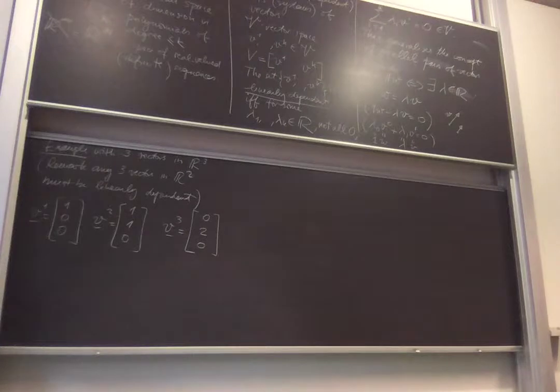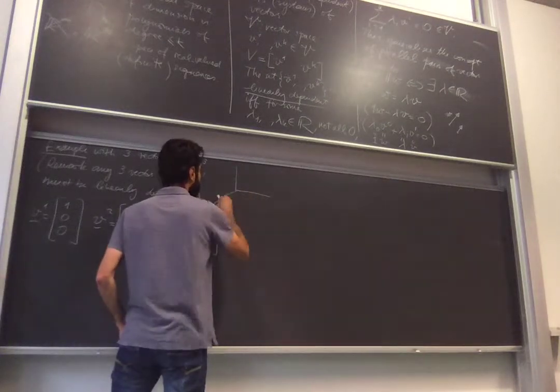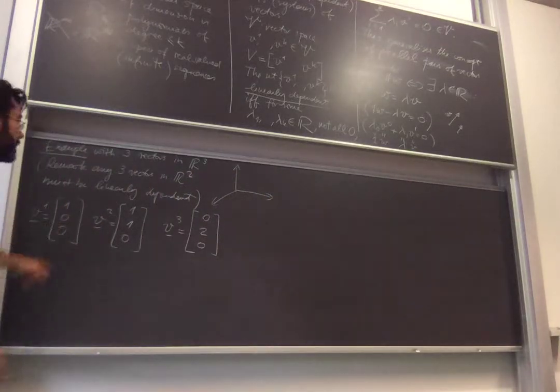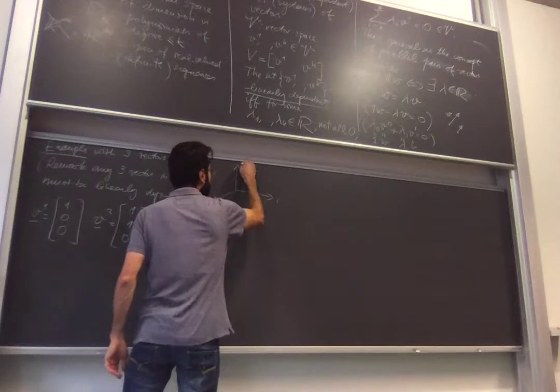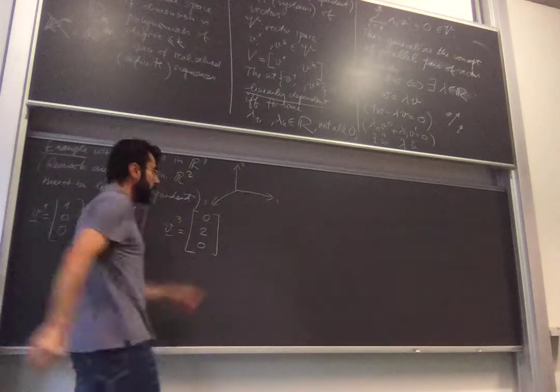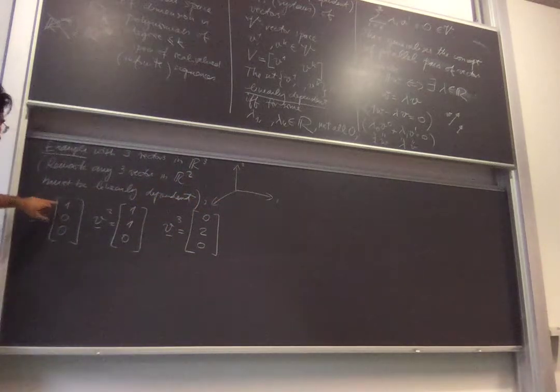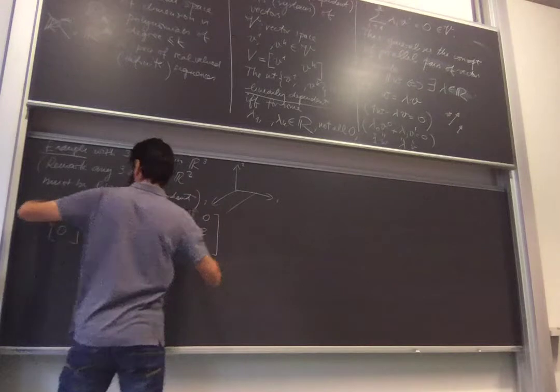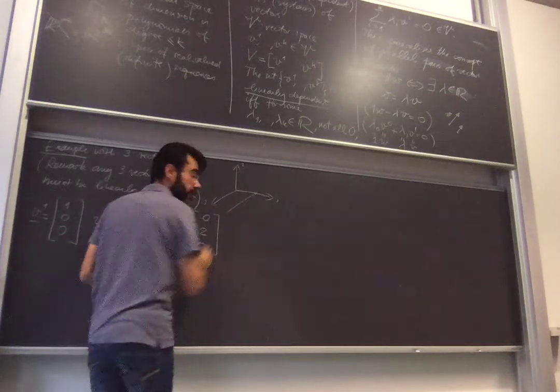So geometrically, let me tell you what's happening geometrically. Let's do a small picture. Let's draw these vectors. So one of them is, so I usually do 1, 2, 3. That's 1, 2, 3. So 1 is 1, and the other ones are 0. So this is the vector.